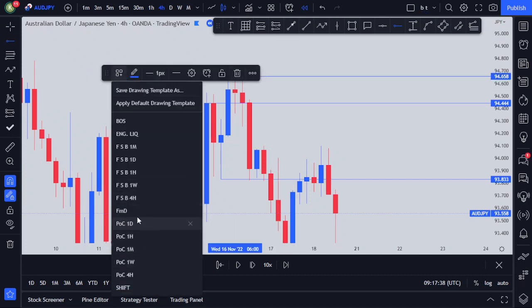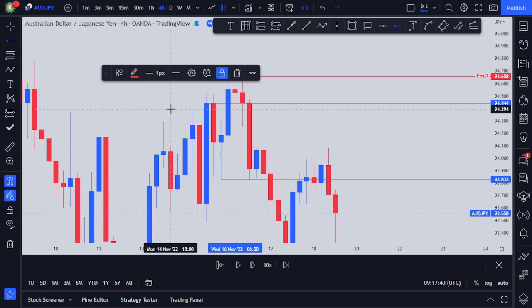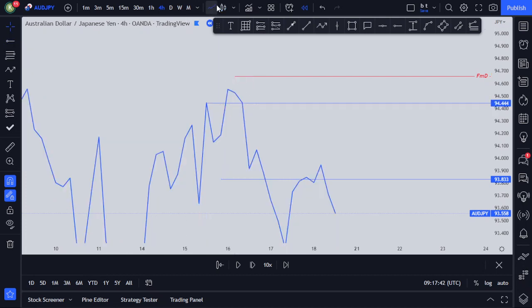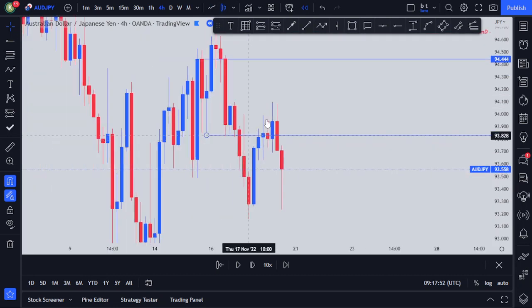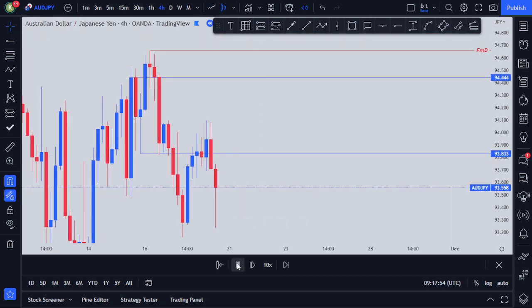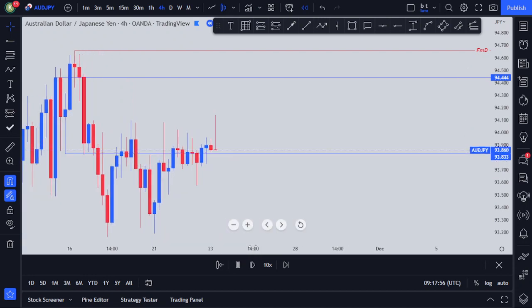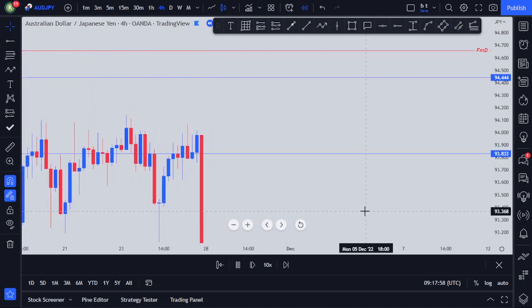For engineer liquidity, if you want to see it clearly, if you are confused, switch to line charts. It's better you switch to line chart to get the real engineer liquidity. All right, so back to candlestick chart. Whether it has been tested or not tested, it is still engineer liquidity.